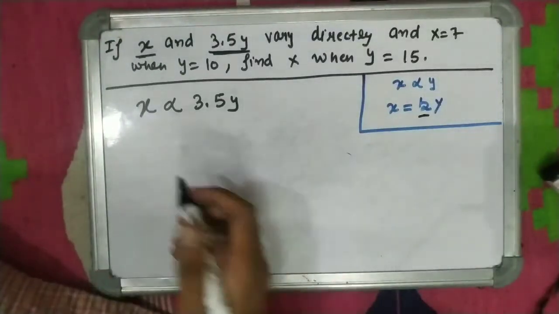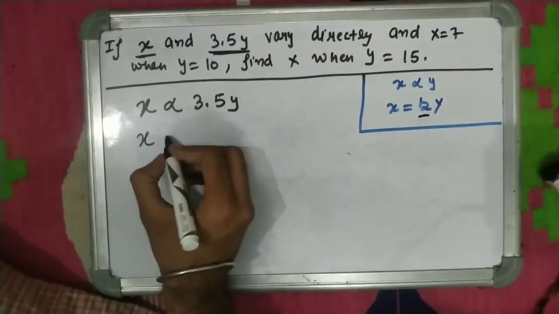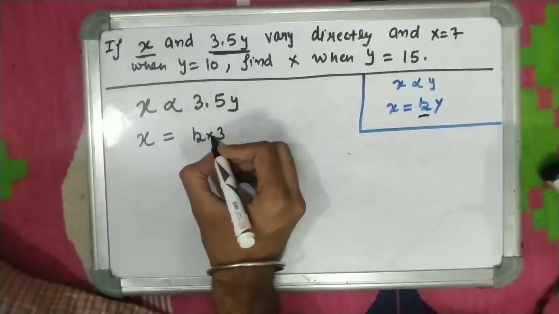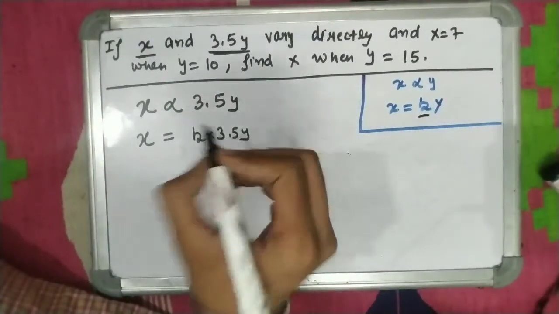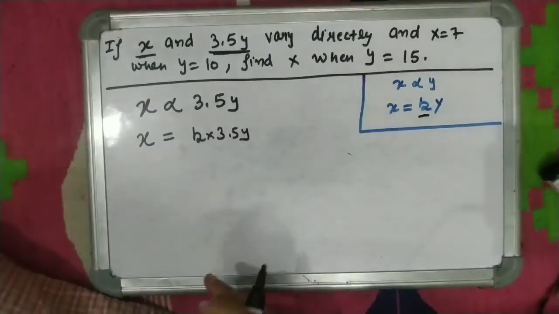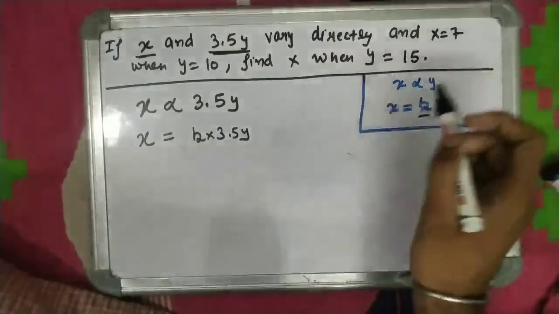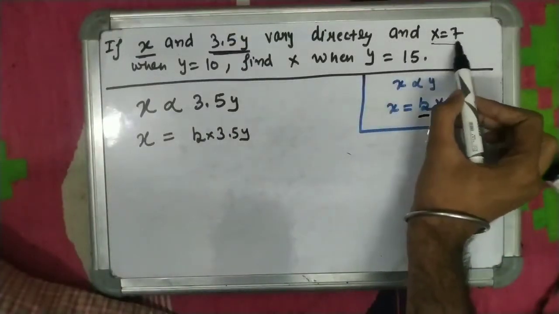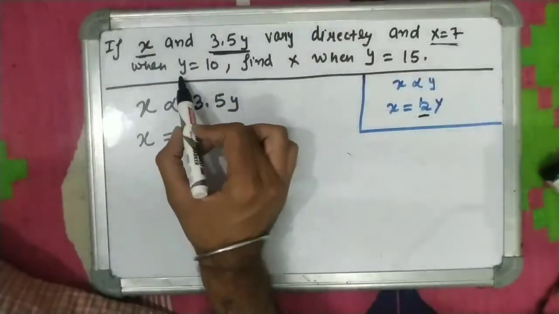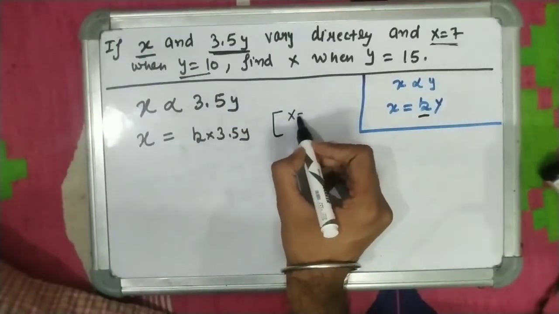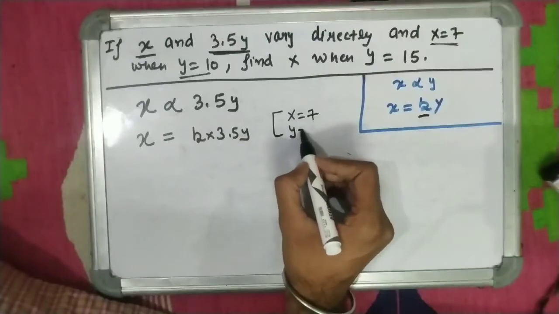So we will put here x is equal to k time 3.5y. Now we need the value of k also. Now read the next line, and x is equal to 7 when y is equal to 10.